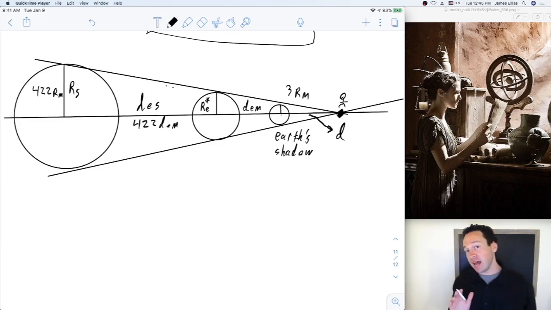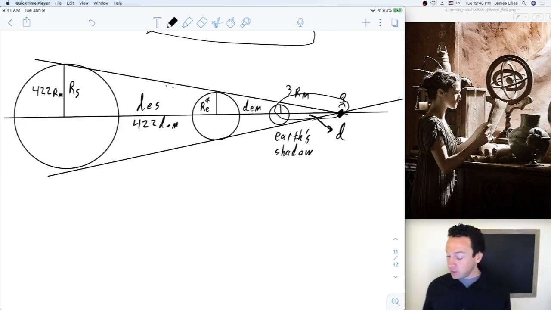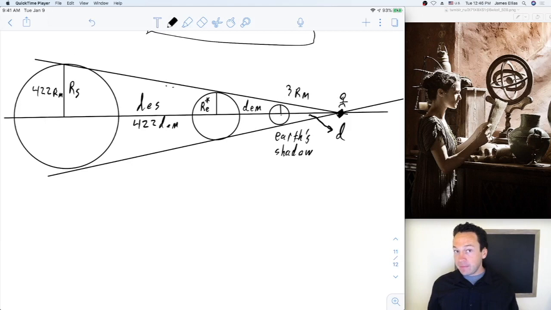And to do that, here's what he does. See this right here? It's a right triangle. And this right triangle has the same proportions as this big right triangle. Okay? It's because they all have the same angles, and Aristarchus knew this. And when you have two triangles that have the same shape, but one is just a scaled down version of another, you can write a proportion of the different sides.